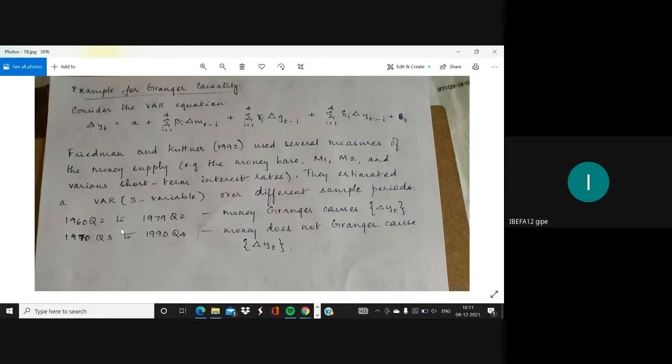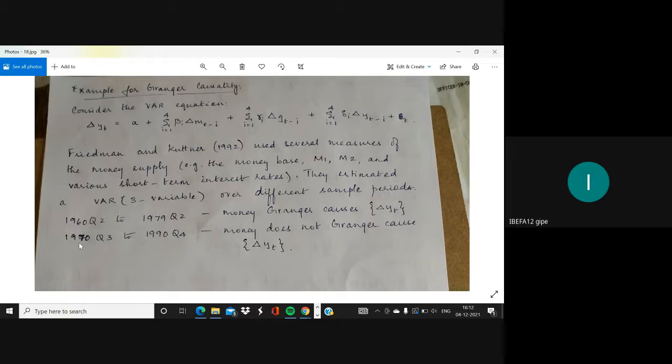So they found something very interesting, that if they took the time period 1960 quarter 2 to 1979 quarter 2, they found that money Granger causes changes in nominal GDP. So if we know the lagged values of changes in money supply, it can help us forecast changes in GDP better. That's what they found.